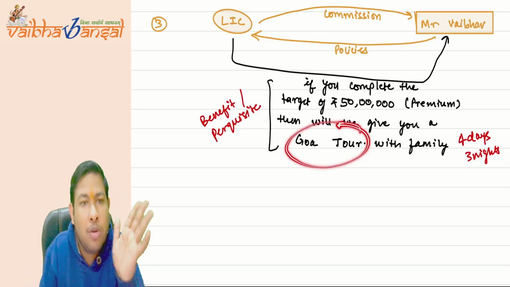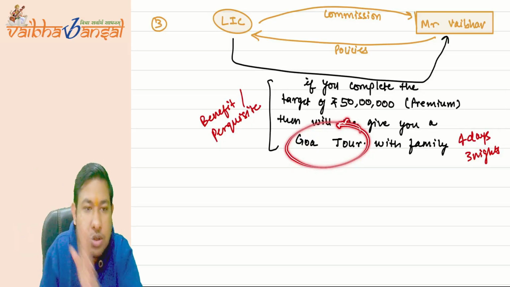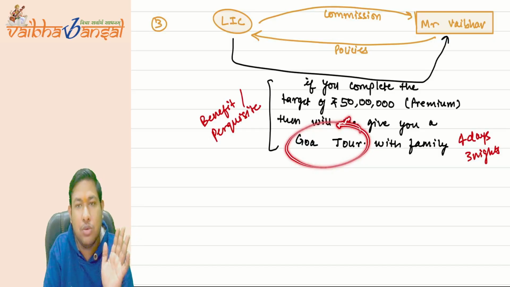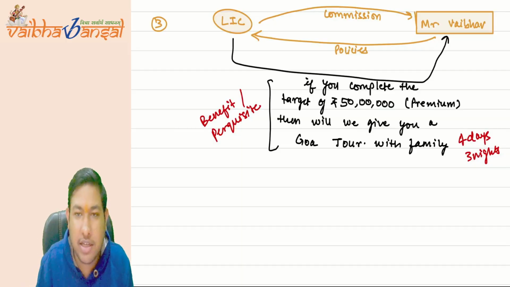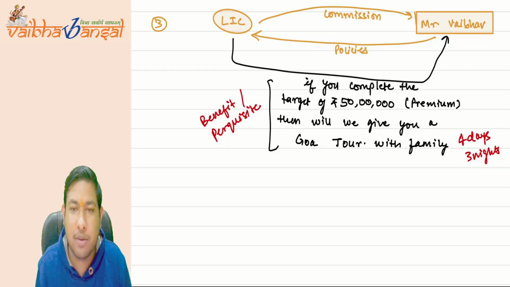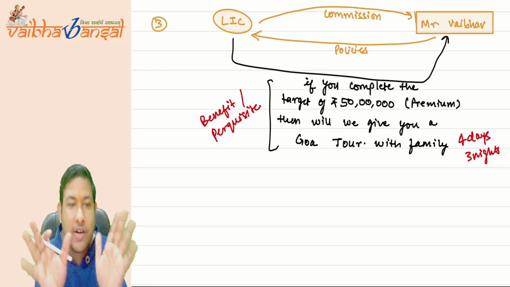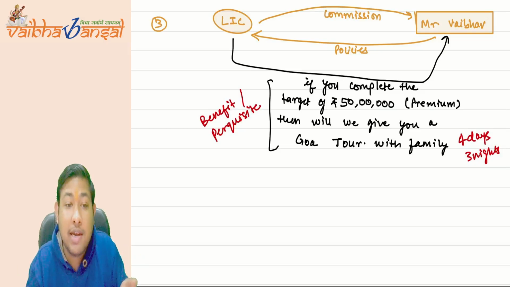The Goa tour cannot be converted into money. You cannot sell it to any other person. It is given to you only, and you have to go with your family. It is not a hard cash benefit arising from the business or profession. It is not convertible into money, and it is not in cash; it is in kind.